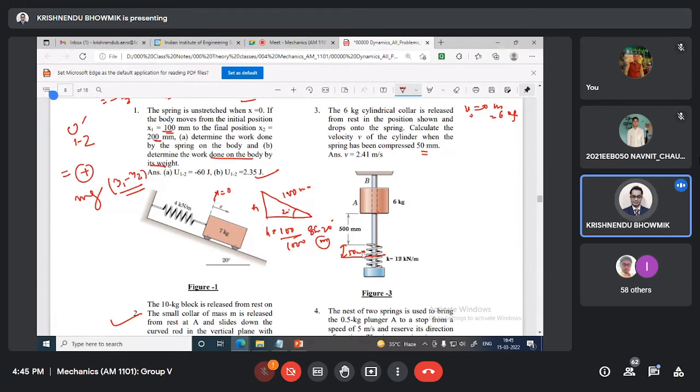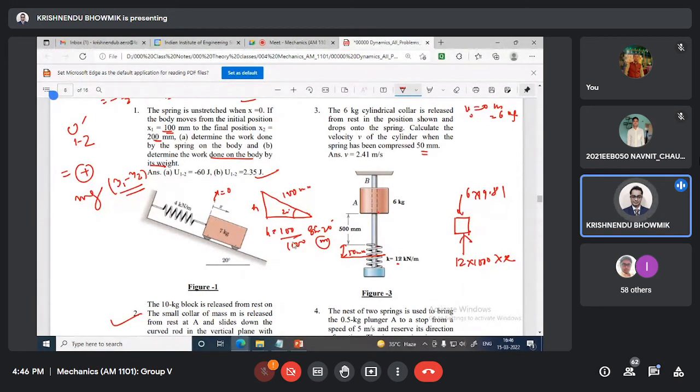If somebody wants to draw the free body diagram, one force is 6 multiplied by 9.81, and the other is the spring force, k is 12 multiplied by 1000 Newton per meter, multiplied by x.